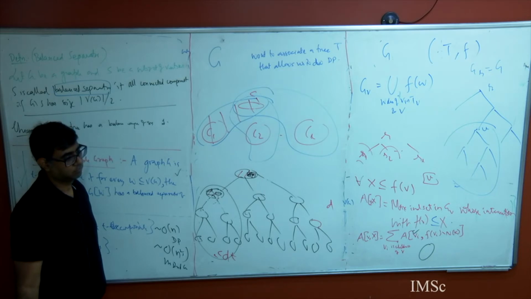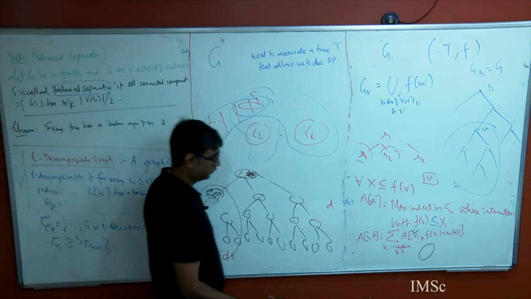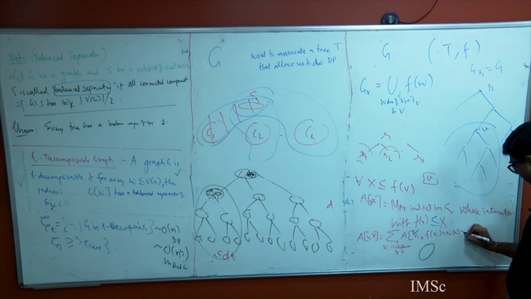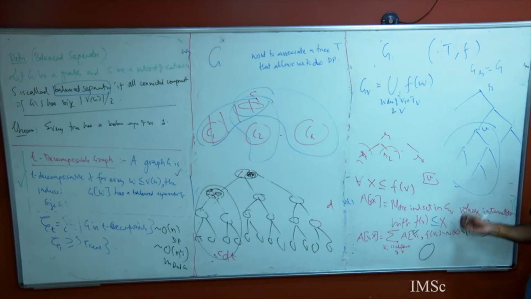So here we need to do some modification to this. F of Vi minus N of X minus S minus X. In this node we want exactly X, we don't want the others. So we need to ensure that that is also not there. So you are right. I should maybe check f of vi minus nx minus f of v minus x. Is that what you are saying? Okay, fine, add it. Because you don't want those two also, right?